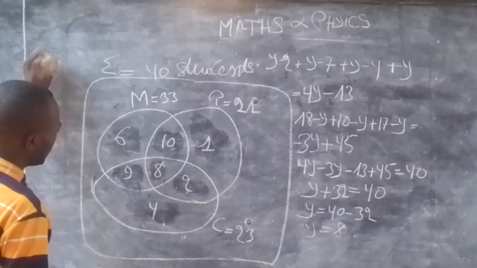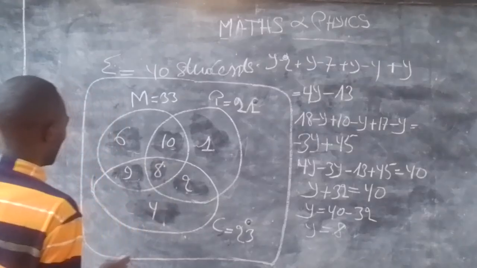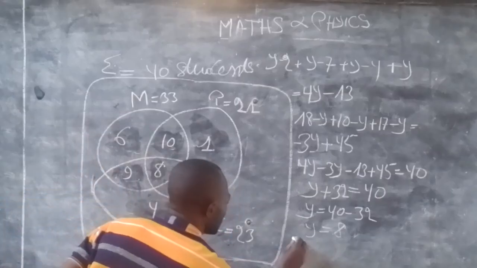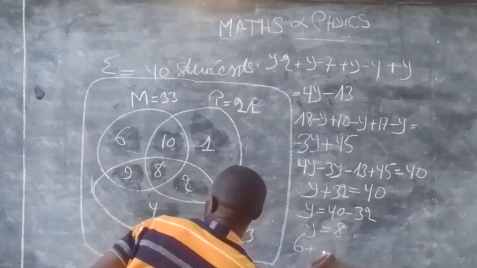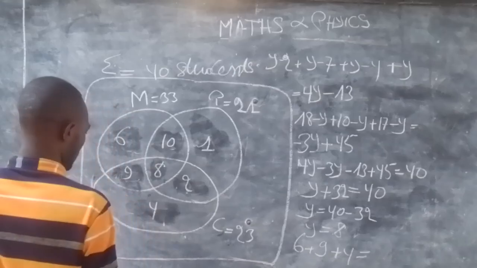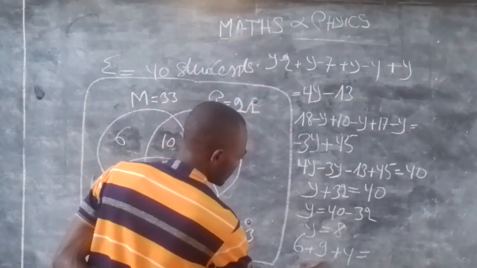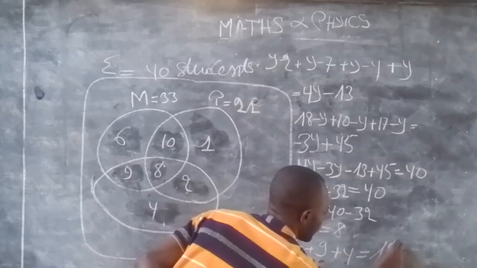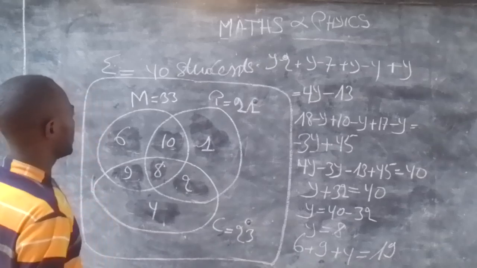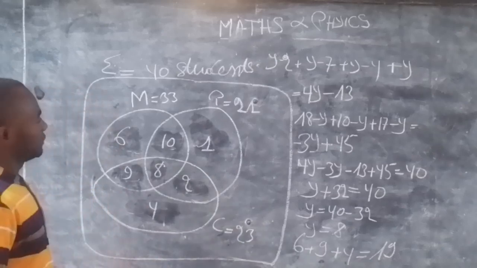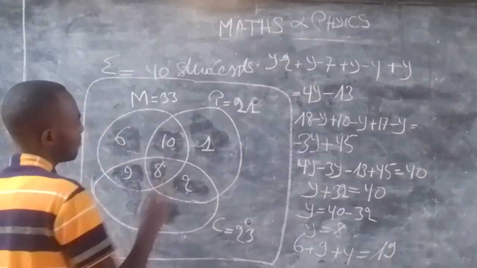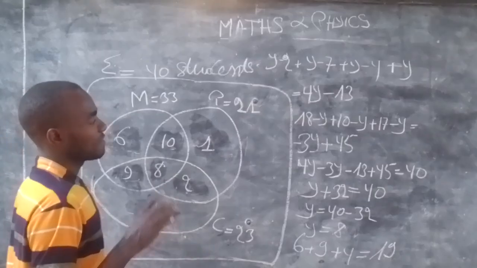This is the number who does not participate in physics, the number who participates in physics 6 positive 9 positive 4 equal to 19. This is the number who does not participate in physics. So I think this is how our Venn diagram helps us to find those numbers who participate in each subject.